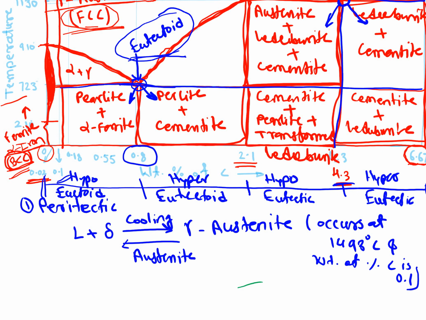Up to 2.1 we consider it as steel, and from 2.1 to 6.67 is cast iron.